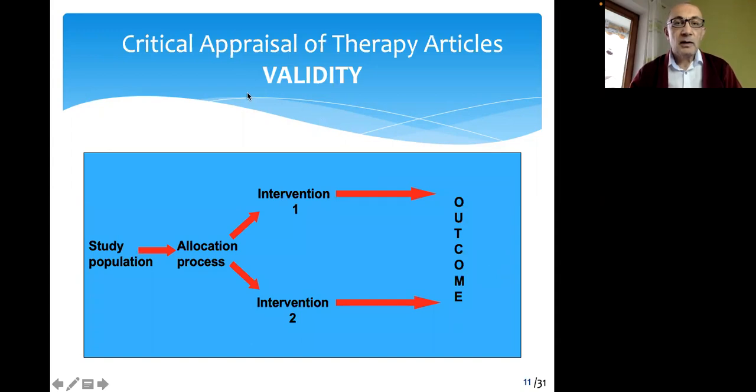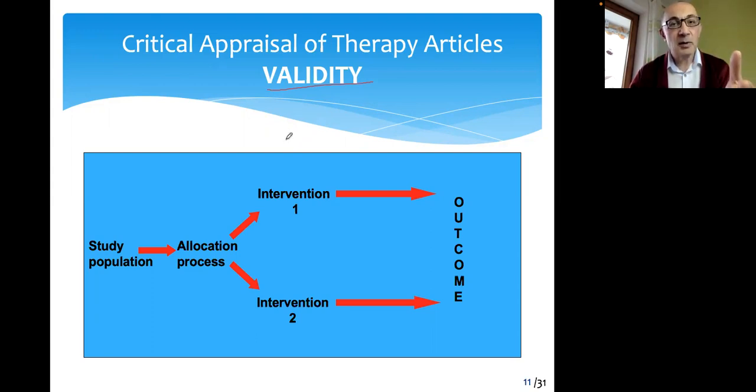So in a therapy article, what sections of the methodology should we pay attention to in order to decide on the validity? This was our first point. Before all, of course, I decided that my question is answered by this publication, so that's why I decided to appraise it.